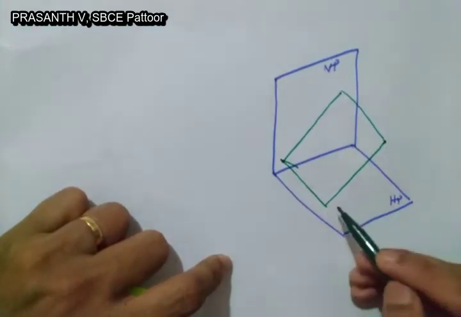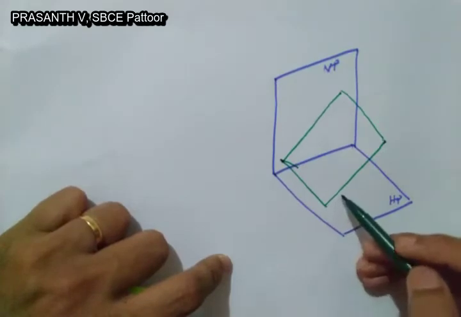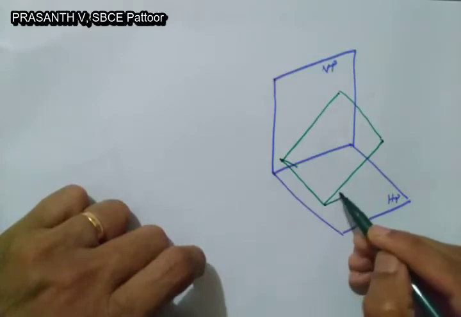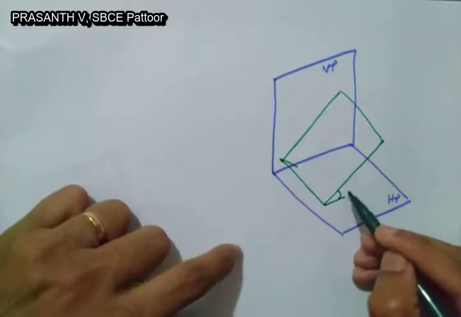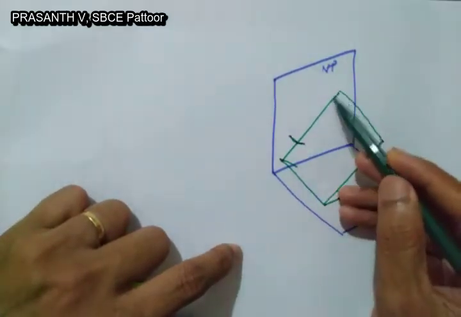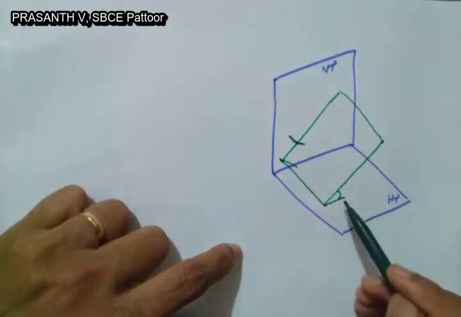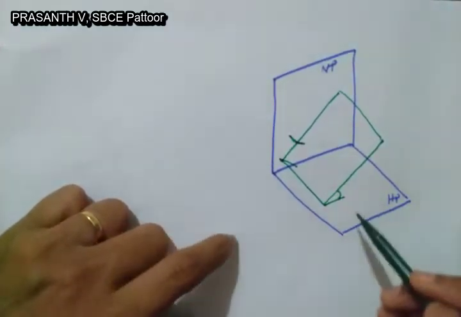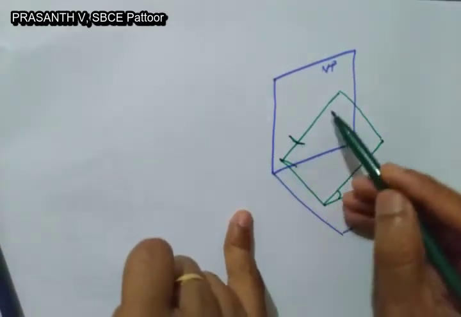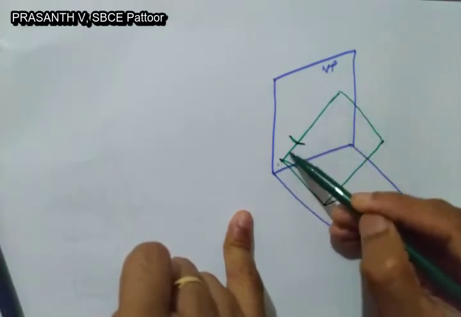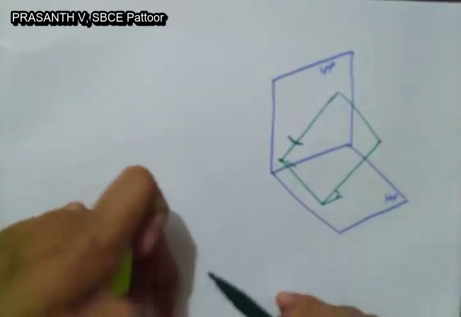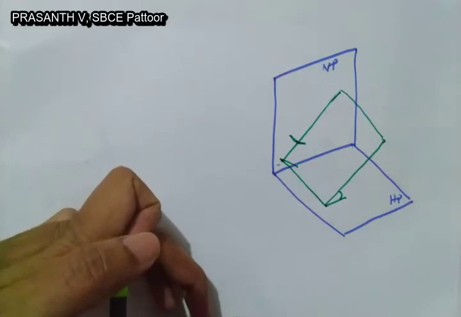This is a particular case where the section plane is inclined to HP and perpendicular to VP. You see here, this is an inclination with HP and this is perpendicular to VP. So you can see now the section plane is perpendicular to VP and inclined to HP. In this case also, since the section plane is perpendicular to VP, the cutting line will be seen in front view. You can see the sectional view in top view. Here also you just consider the square pyramid which is resting on HP with its base.